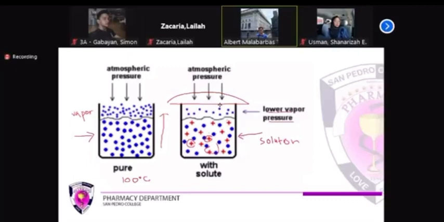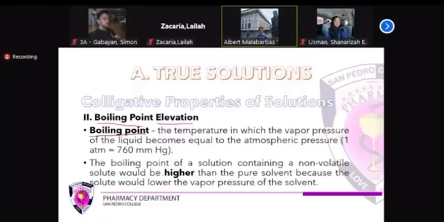If you add more solute, you need a higher temperature to make the solvent boil. So the temperature at which the solution boils also increases. That's why the boiling point goes up.